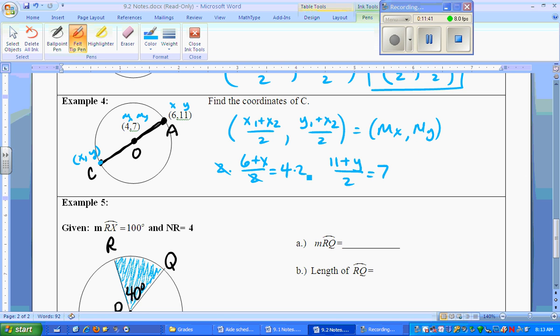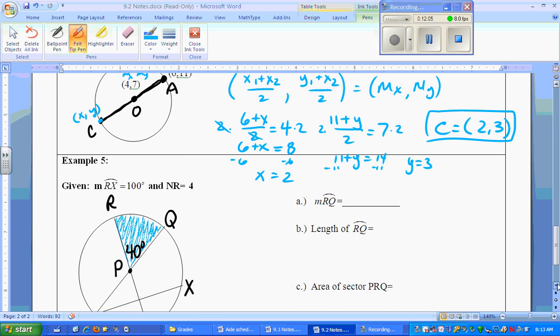Remember, multiplying by 2 to get rid of it. 6 plus x equals 8. Minus 6, x equals 2. Multiply by 2. 11 plus y equals 14. Minus 11. Y equals 3. So C is located at the point 2, comma 3.